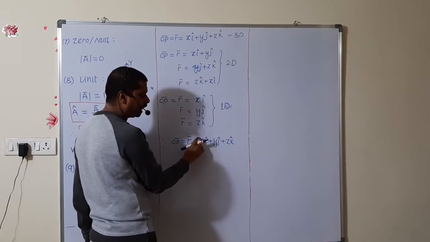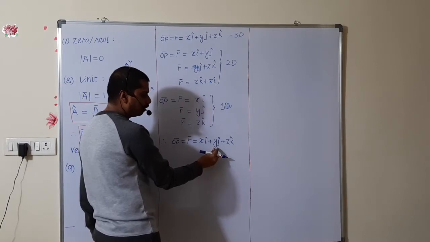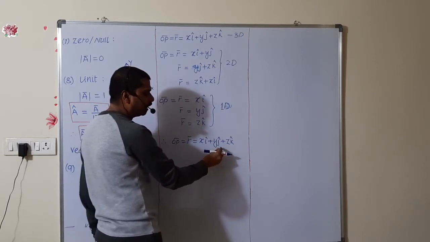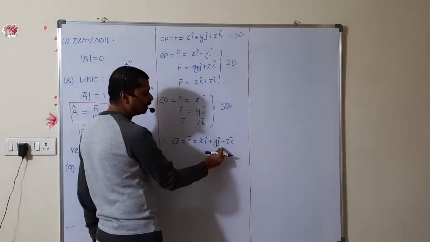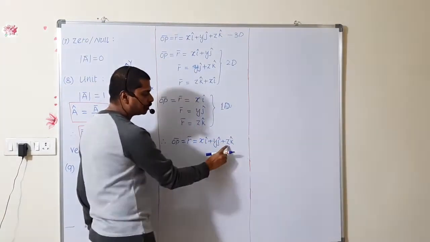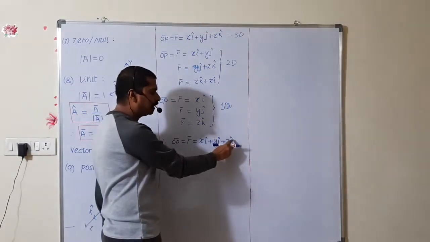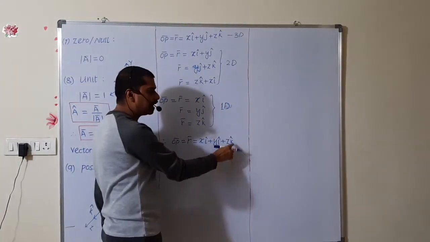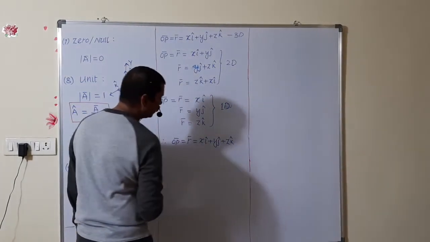Along the y-axis the magnitude is y and the unit vector is j cap. Along the z-axis the magnitude is z, and k is the direction along the z-axis. This is the position vector we got.